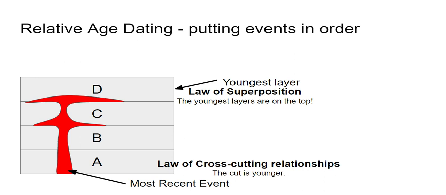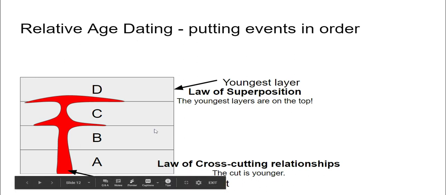The cut must be younger than the material that's being affected by the cut. The material that's being cut must exist in order to be cut. So the law of cross-cutting relationships, the cut is younger than the stuff being cut. Law of superposition, the youngest layers are at the top. We can use these to figure out the order of events within a set of rocks.